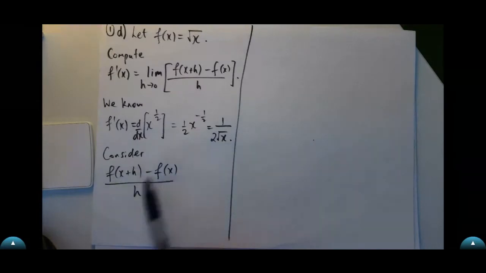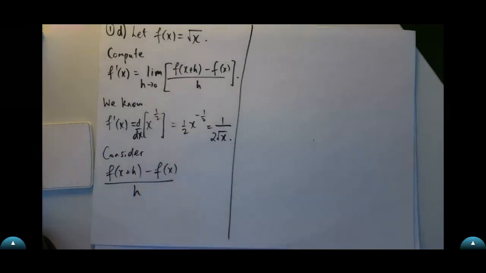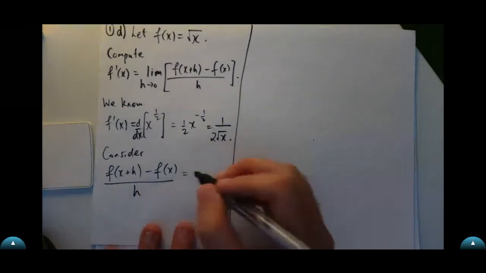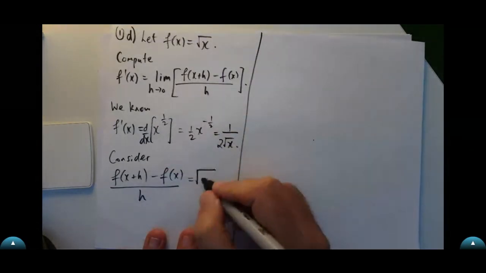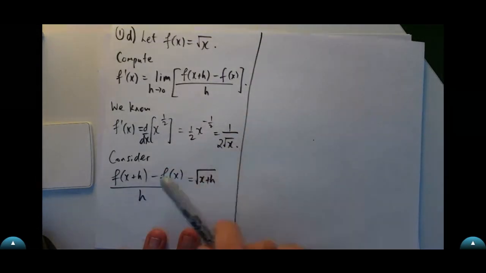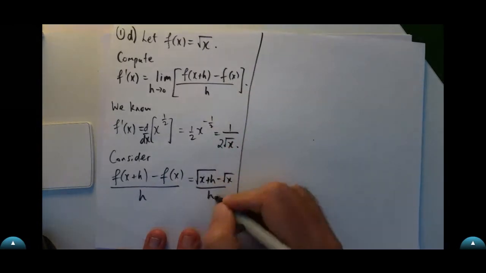So I'm just going to write down this quotient and I'm going to try to simplify it as much as possible. And the very last step is to take the limit. Okay, so here I replace x with x plus h. Here it's just f of x. And down here I've got h.